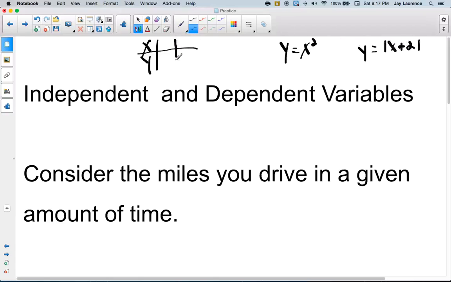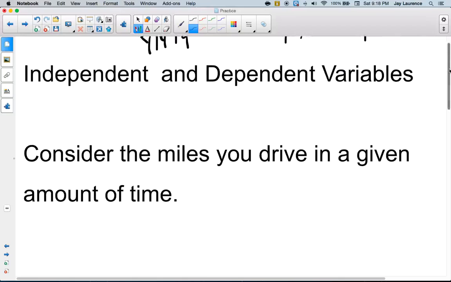X is your input, right? And so for the first equation, y equals x squared, if I put 2 in, I get 4 out. But if I put 3 in, I get 9 out. See how it changed? So x is your independent variable, y is your dependent variable. And remember, the independent variable causes the dependent variable to change.